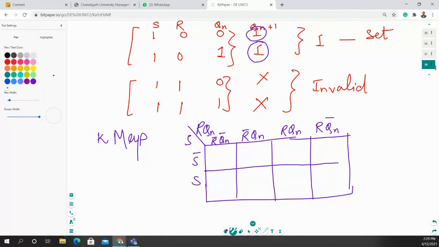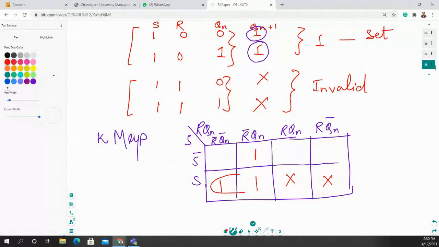R bar, Qn bar, S. R bar, Qn bar, and S, R bar, Qn, and S. Then R bar, Qn, and S bar, and cross you have to fill across R, Qn, and S, and R, Qn bar, and S. Where we have to put 1 across this table, you have to put 1, 1, 1, cross and cross.